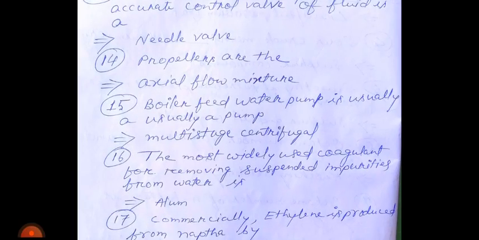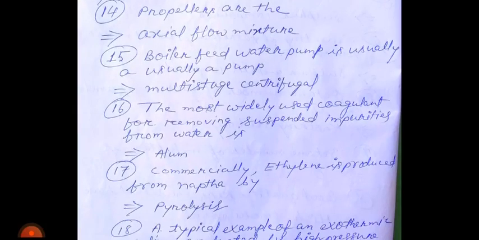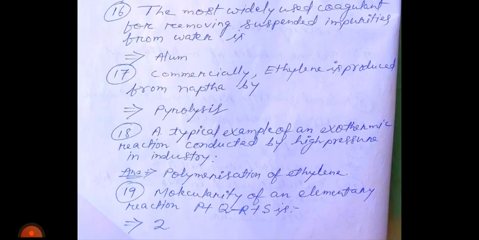Propellers are axial flow mixers. Boiler feed water pump is usually a multi-stage centrifugal pump. The most widely used coagulant for removing suspended impurities from water is alum. Commercially, ethylene is produced from naphtha by pyrolysis.